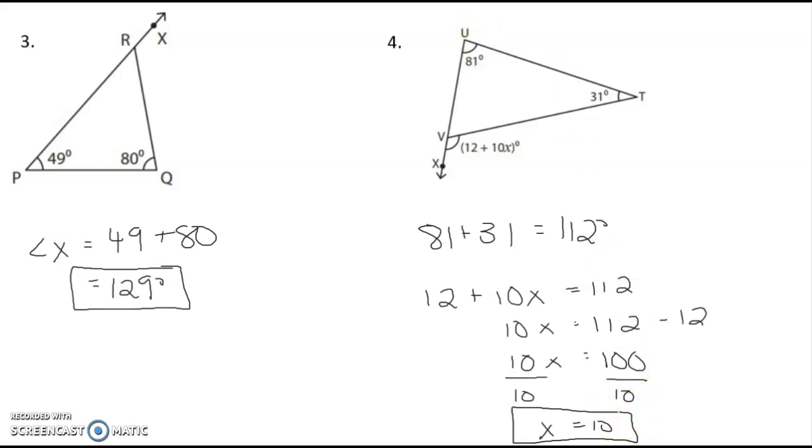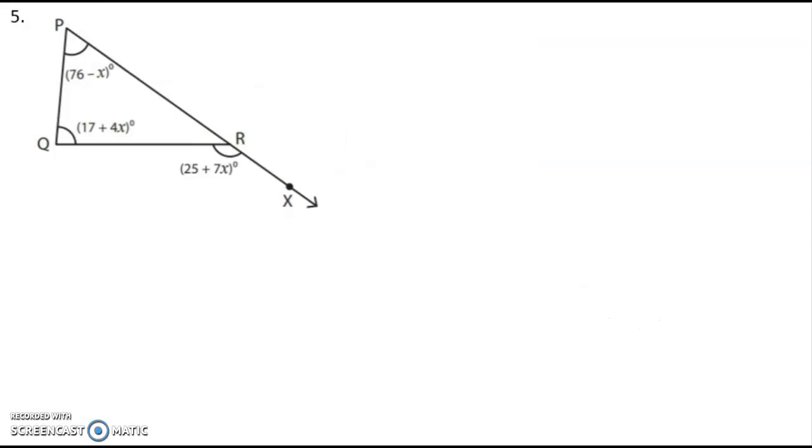All right, last question. Number 5. So, first thing we have to do is we know that this plus this equals the exterior. So we're going to fill that in. So I'm going to write 76 minus x plus the second interior one, 17 plus 4x equals our exterior of 25 plus 7x.